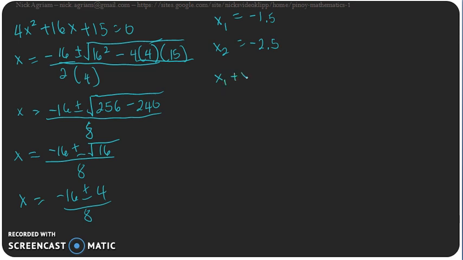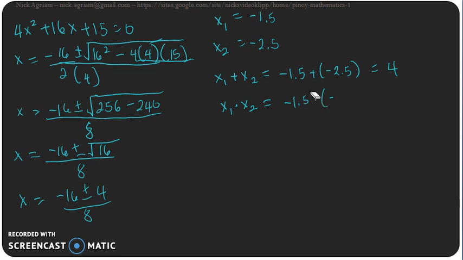Okay, and then when we add them, x sub 1 plus x sub 2 is equal to negative 1.5 plus negative 2.5. That will give us negative 4. And then x sub 1 multiplied by x sub 2 is equal to negative 1.5 multiplied by negative 2.5.